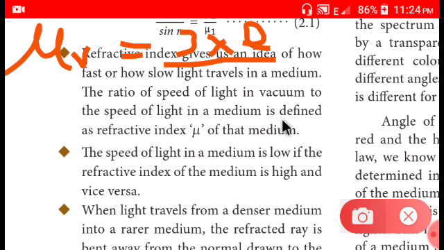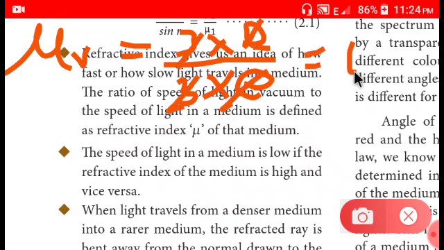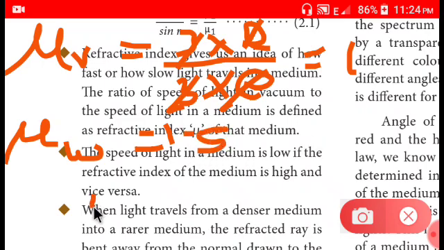Here we take the medium as vacuum, so the speed is the same, 3 into 10 power 8. Everything cancels out, and finally the refractive index of vacuum is 1. In the earlier case we took the refractive index of water as 1.5. Which one is bigger? 1.5 is always bigger than 1.